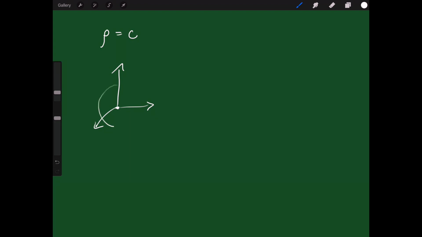Okay, so that's rho is equal to c. What if I had theta is equal to a constant? If we have theta equals c, then I have a constant value for theta.